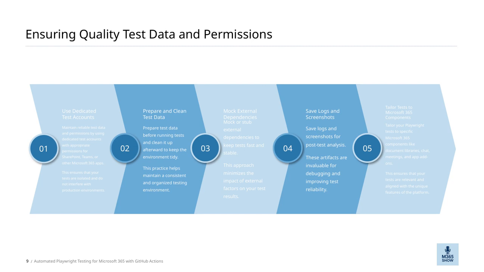Finally, tailoring your Playwright tests to specific Microsoft 365 components, such as document libraries, chat, meetings, and app add-ons, ensures that your tests are relevant and accurately reflect the platform's unique features. All of these practices together help maintain a robust testing environment, making sure your tests are reliable, isolated, and meaningful.